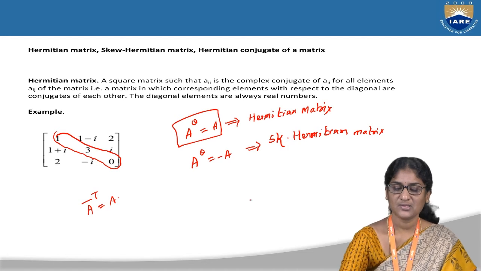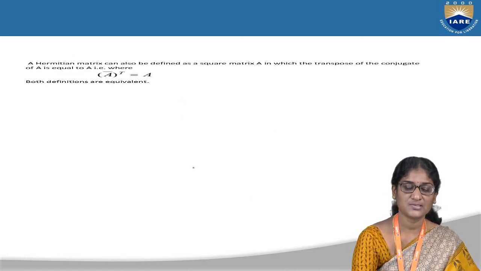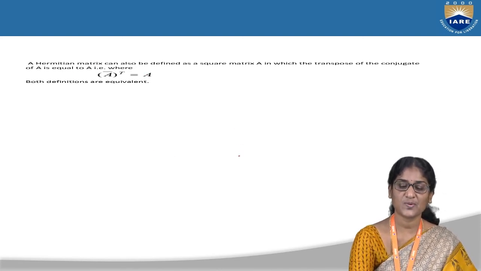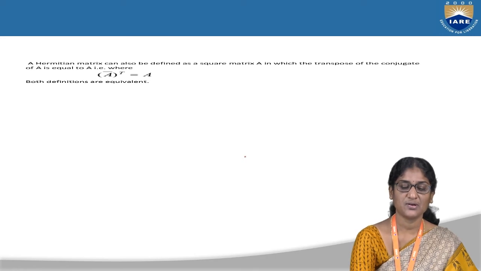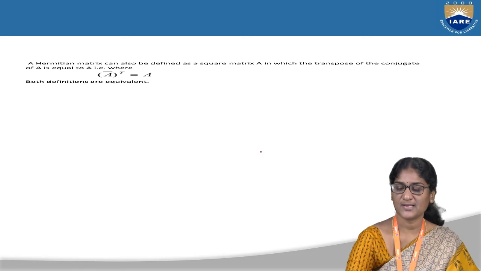Similarly, a Hermitian matrix can also be defined as a square matrix A in which the conjugate transpose of A is equal to A, that is, A bar transpose is equal to A, or A to the power theta is equal to A. Both are one and the same.